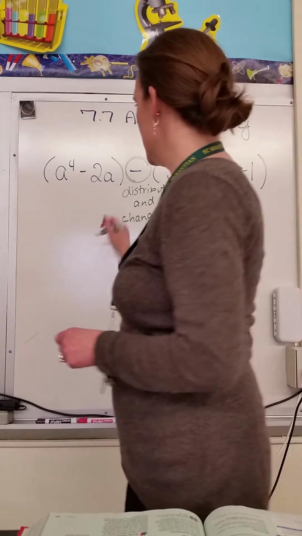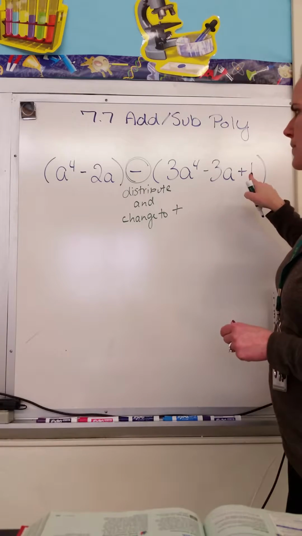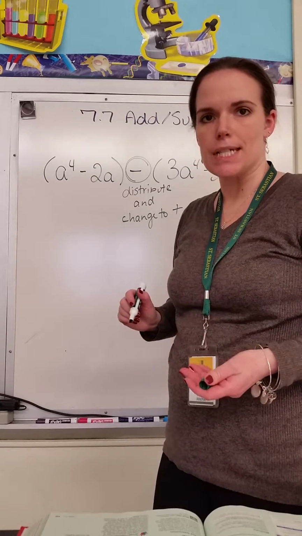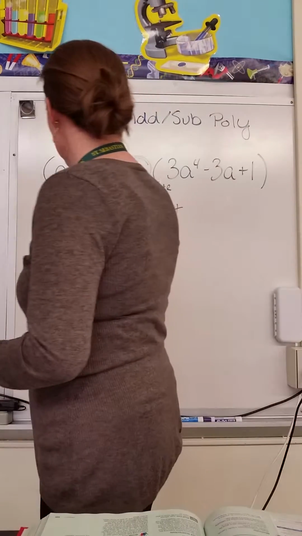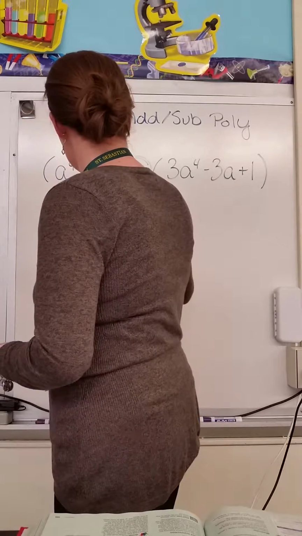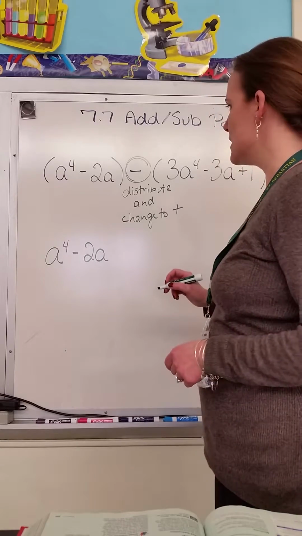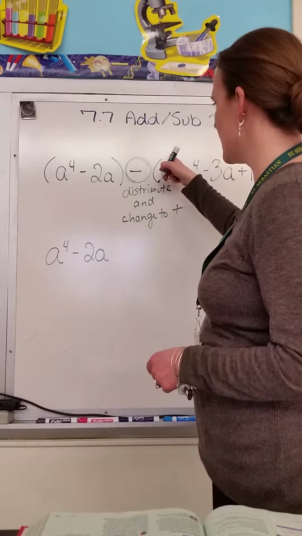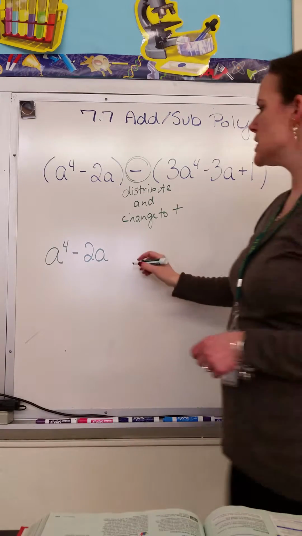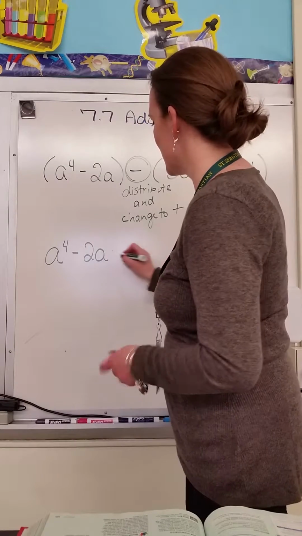Instead of thinking of it as this polynomial minus this polynomial, subtracting is really just adding opposites. So what you're going to do is rewrite this as a to the fourth minus 2a. But then you're going to think of it as adding, instead of minus, you're basically like adding a negative.